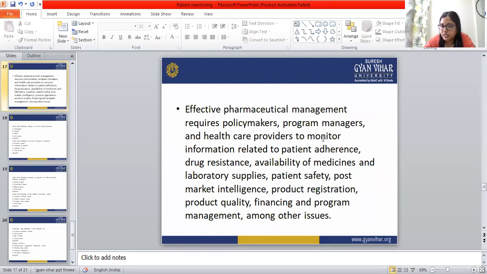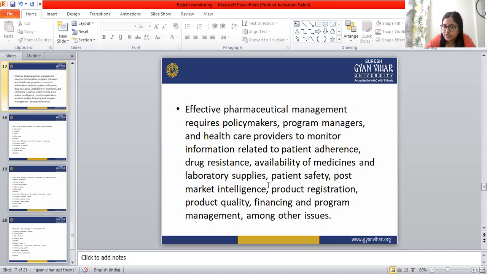healthcare providers to monitor the patient adherence, drug resistance, availability of medicines and laboratory supplies, patient safety, post-market intelligence, product registration, product quality, financing and program management, among other issues.